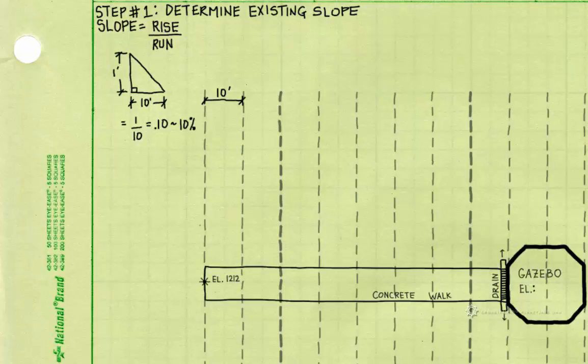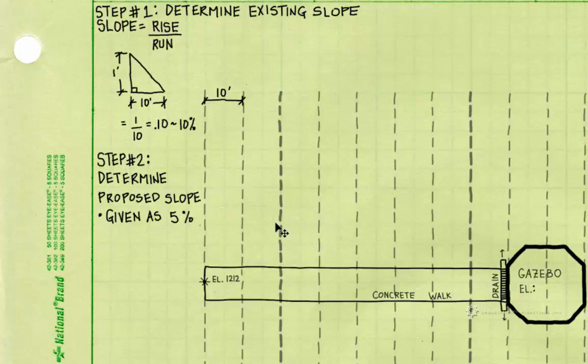The second step that we needed to do was to determine the proposed slope. And if you didn't know what the proposed slope needed to be, so in this particular example, if this was given to us, the client wanted there to be a 5% slope. But let's just say that we need this to be a handicap ramp or a ramp of some sort, and we don't know what the ideal slope should be.